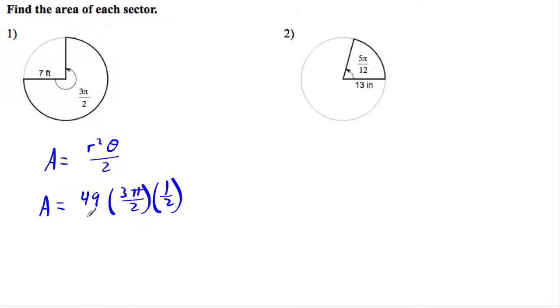That's not going to reduce at all. So 49 times 3 is 147. So we get 147 pi over 4. And of course, we're talking about area, so this is feet squared.